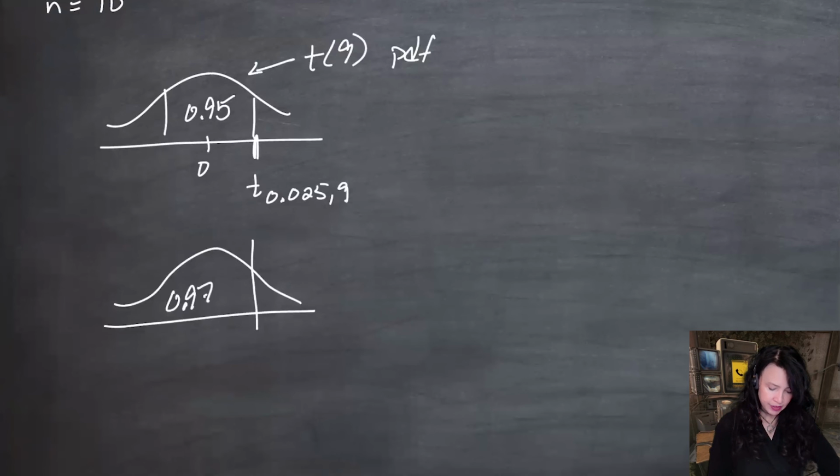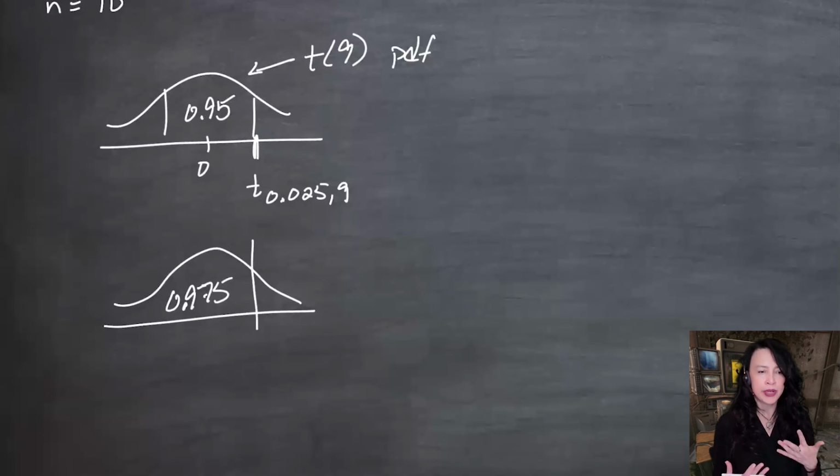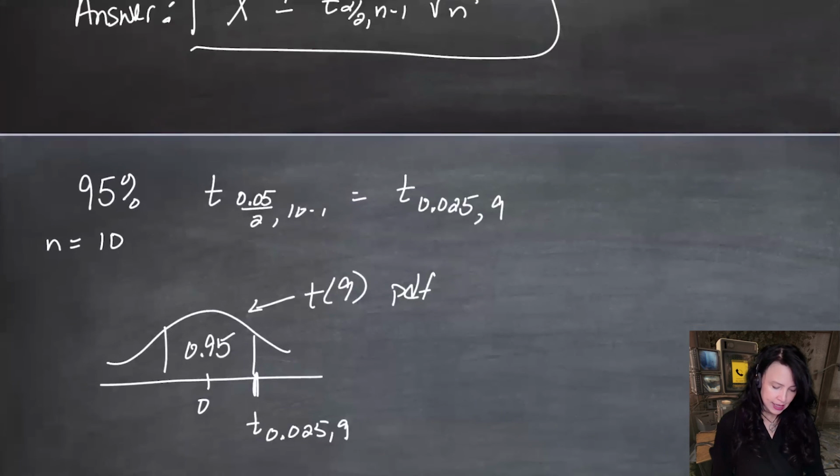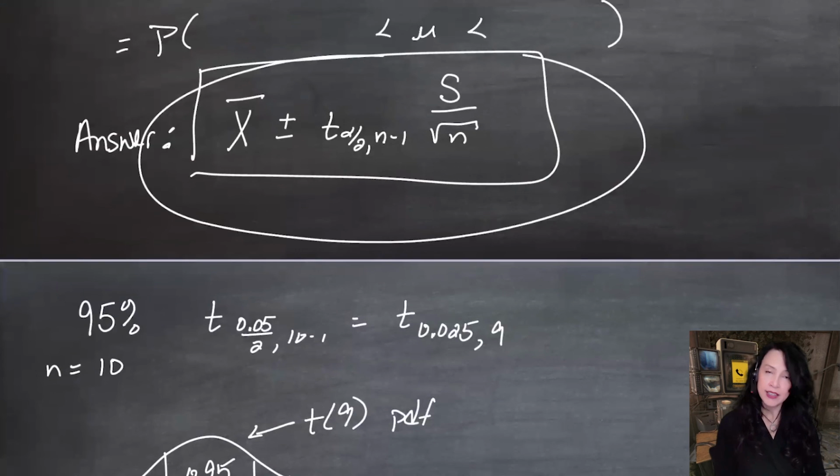area 0.975 over here. I've got a t-table for you. You can find one on the Canvas page. If you don't have access to the Canvas page and you're watching this video, t-tables are everywhere, or you could use software, but it doesn't really matter for this course because we're going to be sticking to things that look generic like this. But here is a t-table.